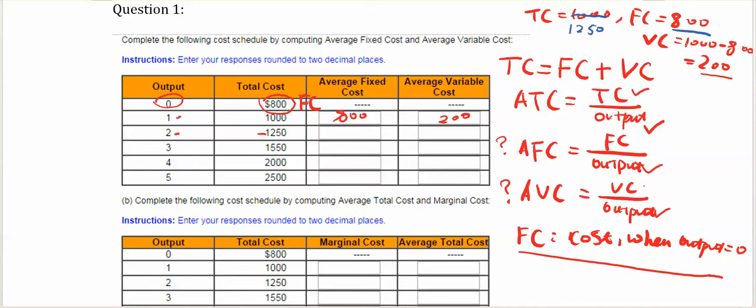To get variable cost, we use 1,250 minus 800, and we get $450. That is our new variable cost.